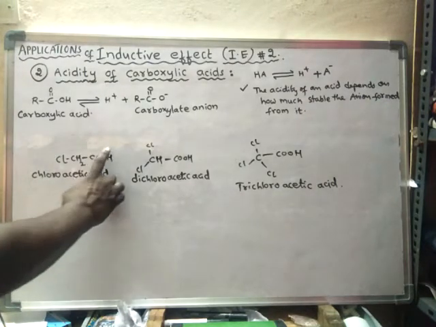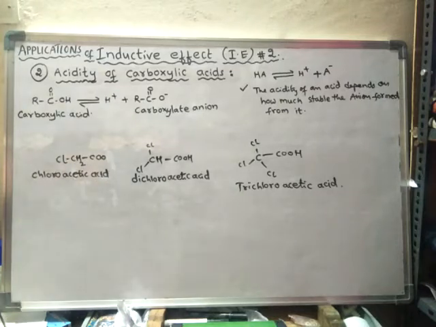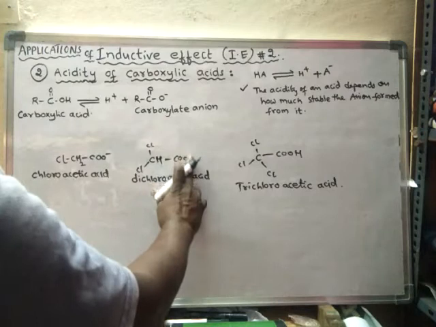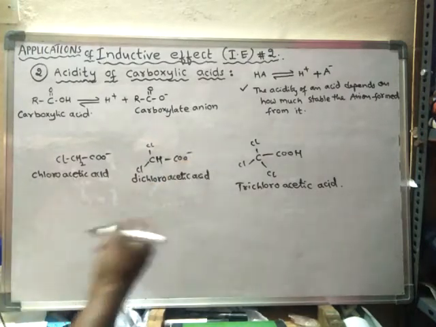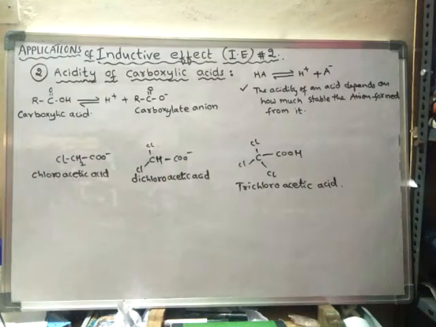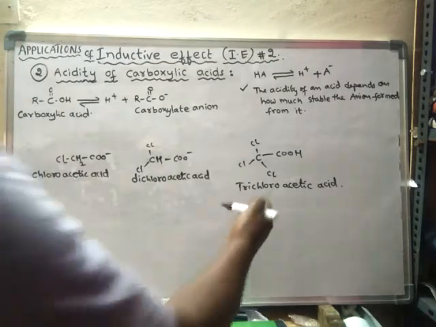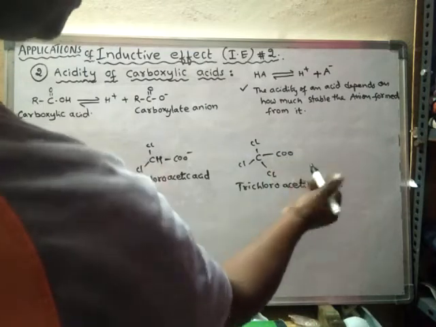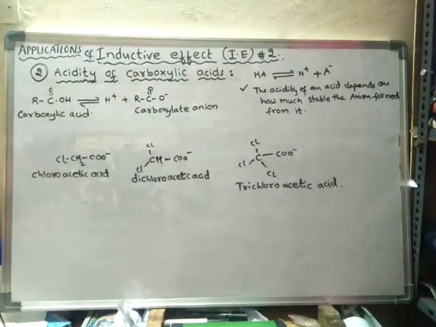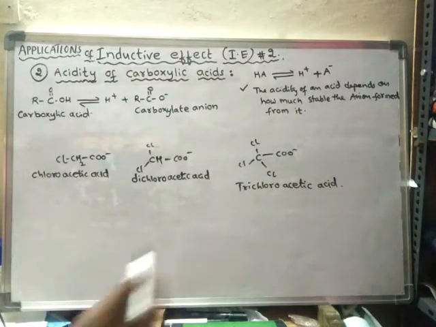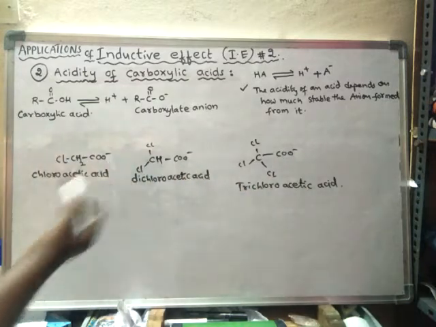The anion formed from chloroacetic acid is this one, and from dichloroacetic acid is this one, because as it is an acid it loses protons. After losing a proton it forms an anion like this. Now there is a negative charge on oxygen.